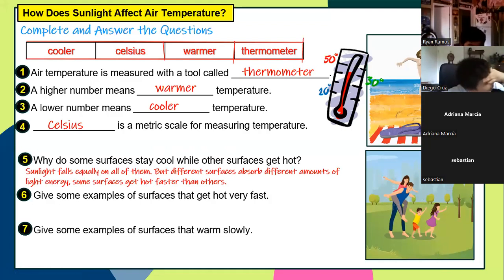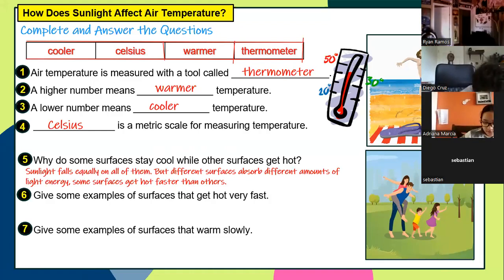Different surfaces, like pavement. I know the answer of the 6. Like concrete, like sand. If you walk on the ground, for example soil, it gets hot, but not like the sun. The sun is, oh my God, sometimes it is unbearable.